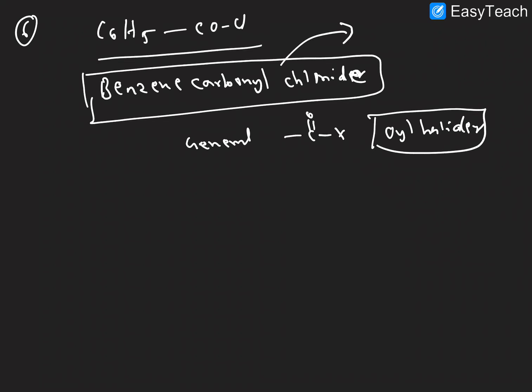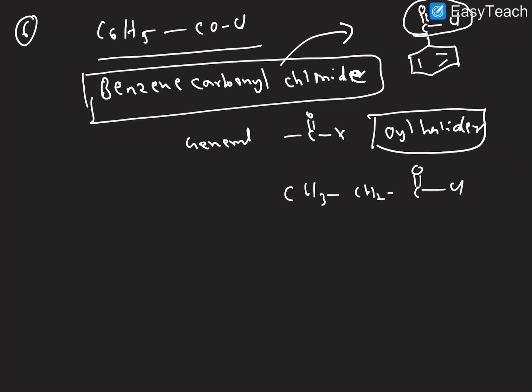In carbonyl chloride, this is the benzene ring with C double bond O, and we are not numbering this carbon, that's why it is called carbonyl chloride. For any normal straight chain with CH2, CO and Cl, the carbon numbering starts including that carbon, and at that time we call it an oyl halide. Without counting it in the numbering, we call it carbonyl chloride.